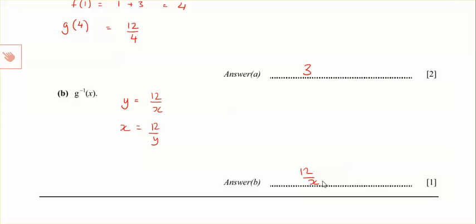And you can check it. 12 divided by 4 is 3. 12 divided by 3 is 4. It's one of those self-inverse. Make sure it's clear. The examiner won't give you that.